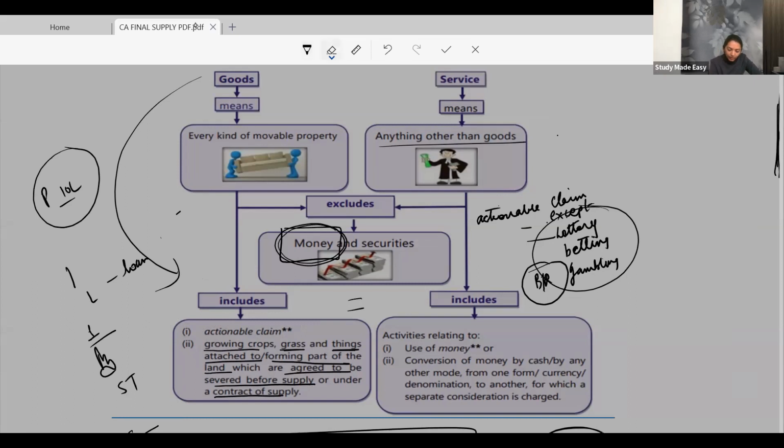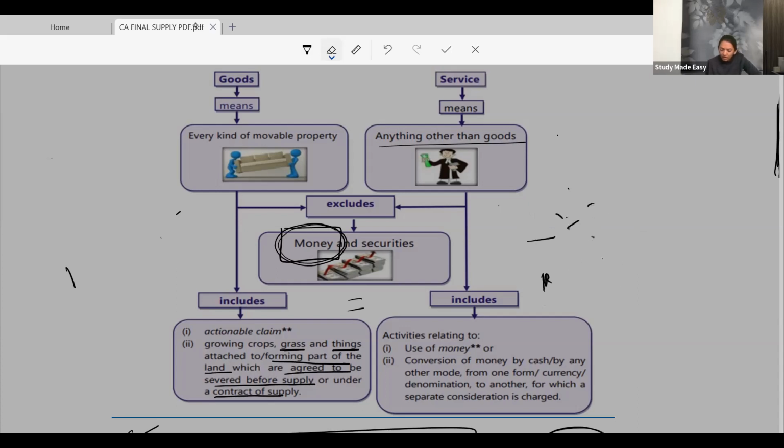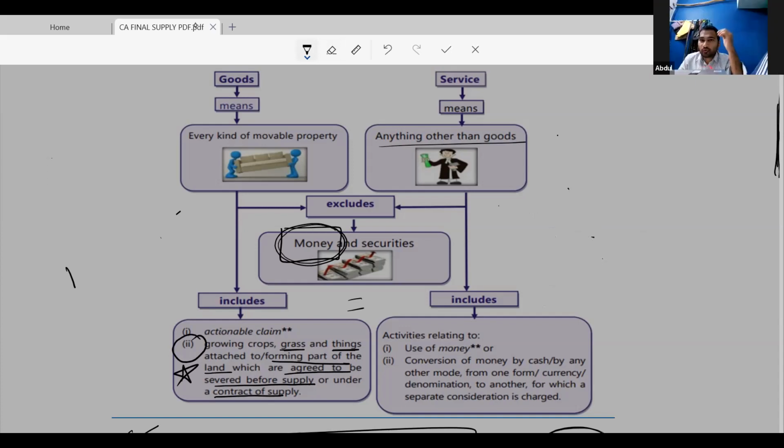They are saying growing crops, all grasses or things attached to the land are also included in goods. Can anyone think why they have specifically included it in the definition of goods? Any logic you can interpret just by reading?